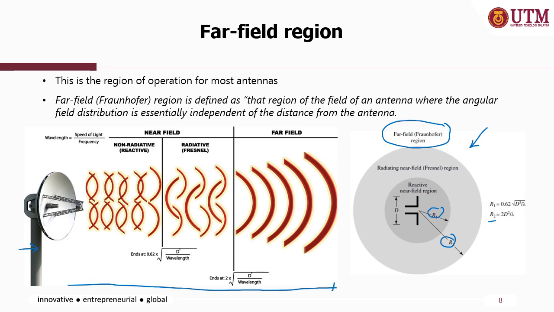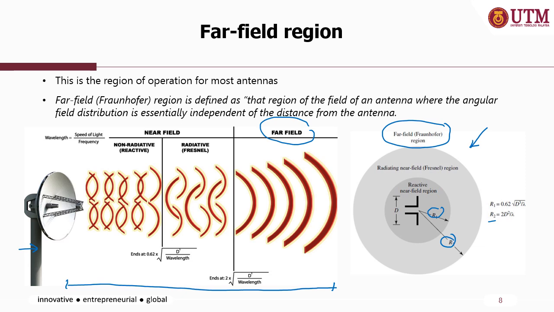We may see that the EM wave behaves differently when the distance from the antenna is varied. Antennas are usually used to transfer signals over large distances, which are considered to be in the far field region. So this is the region of operation for most antennas.